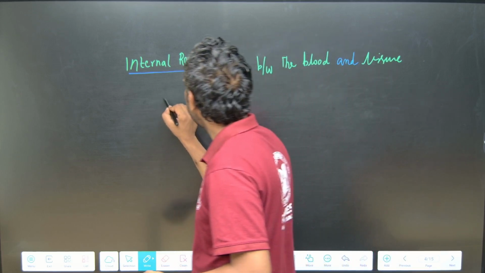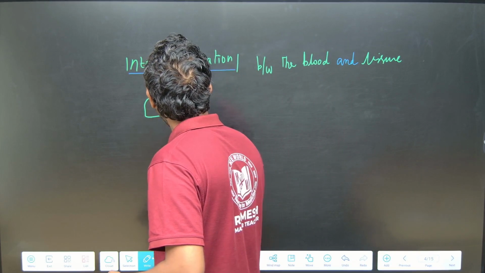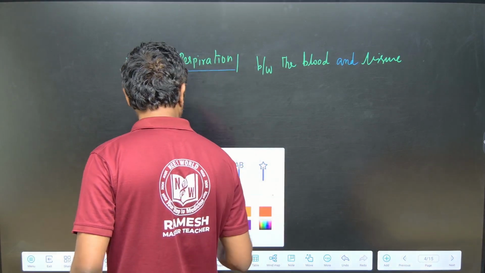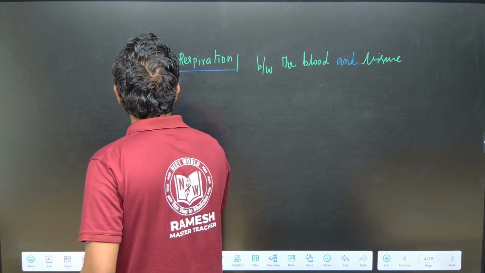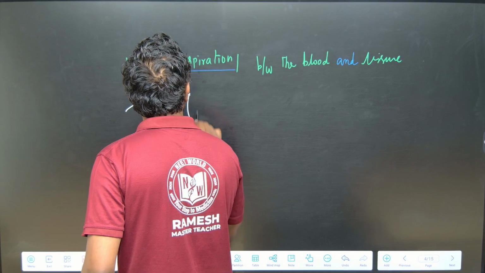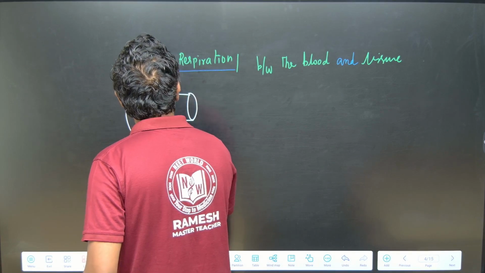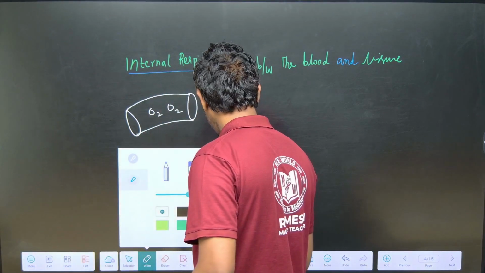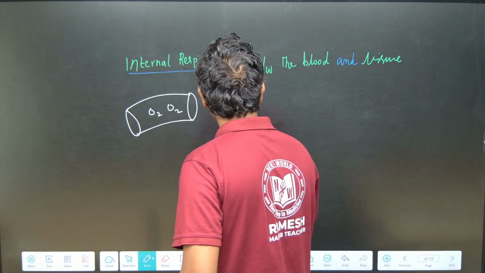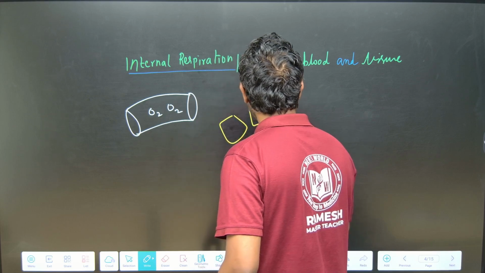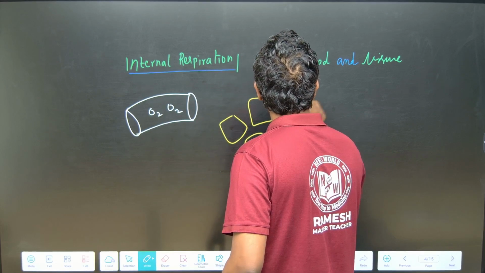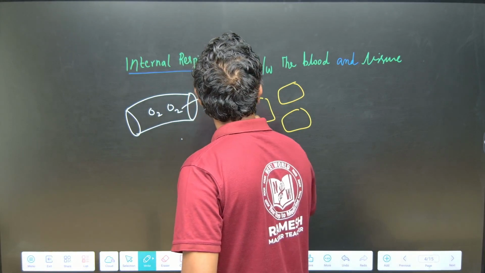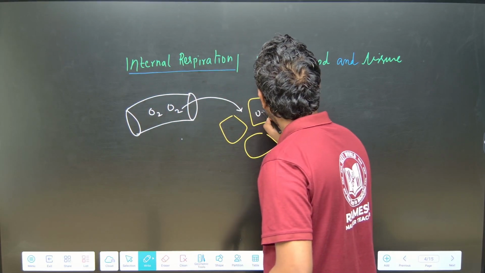First, it reaches the blood vessel. This is the blood vessel, which can carry oxygen into the tissue. This is the tissue, and the oxygen reaches the tissue cells.